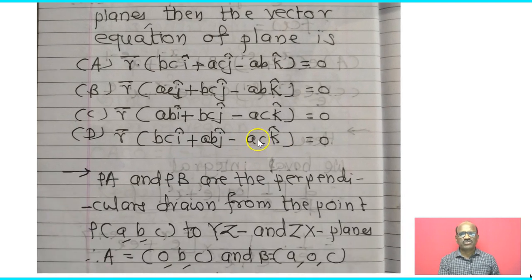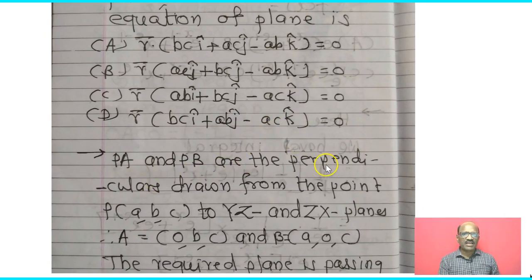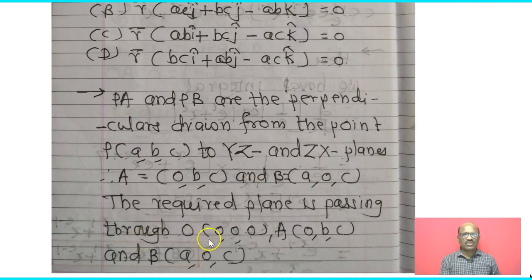Now PA and PB are the perpendiculars drawn from the point P(A, B, C) to the YZ and ZX planes. The points are A(0, B, C) and B(A, 0, C). The required plane is passing through the points O(0, 0, 0), A(0, B, C), B(A, 0, C).